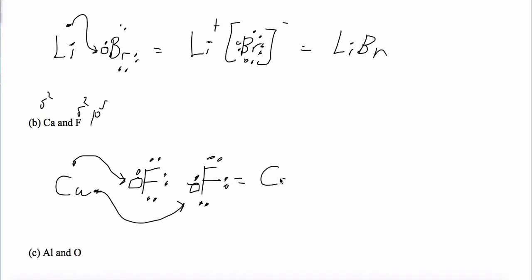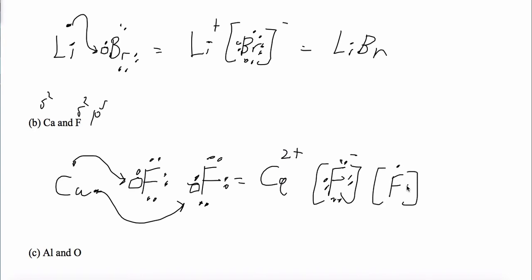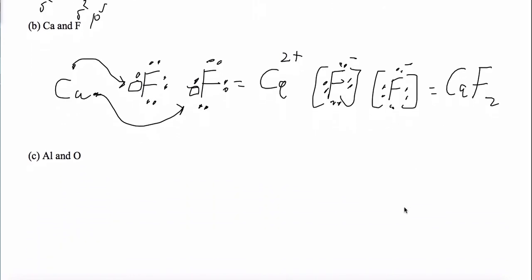When that happens, Ca is going to become 2+, okay? And each F in this case that now owns that octet of electrons is going to be minus. So I'm going to put the other one side by side just for space. And that's going to be equal to a formula of CaF2. This 2 stands for the presence of 2 of those.